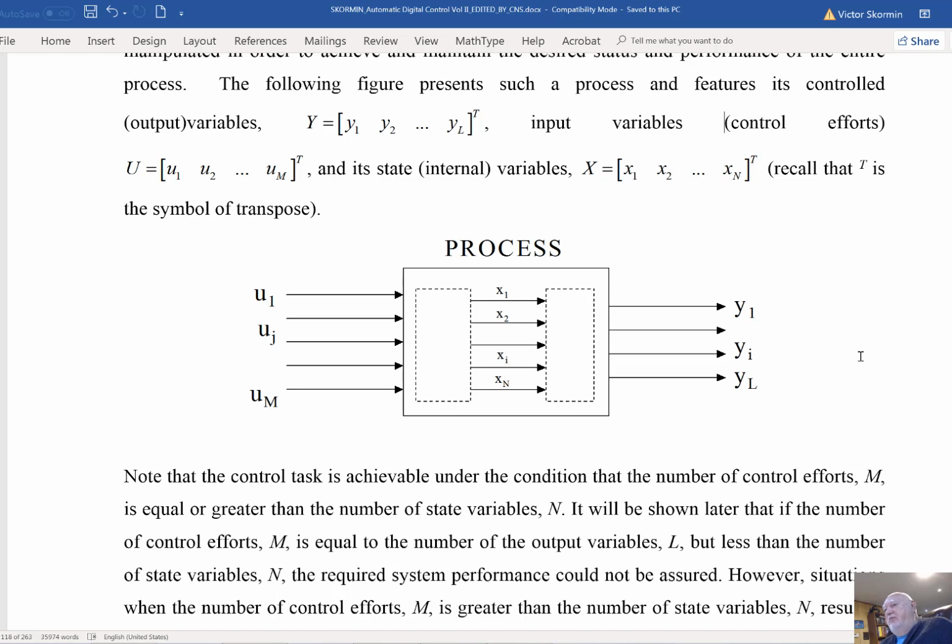However, if we want to take advantage of the matrix vector or state variable approach to the control problem, we have to find a way how to rewrite the mathematical description of the realistic process.